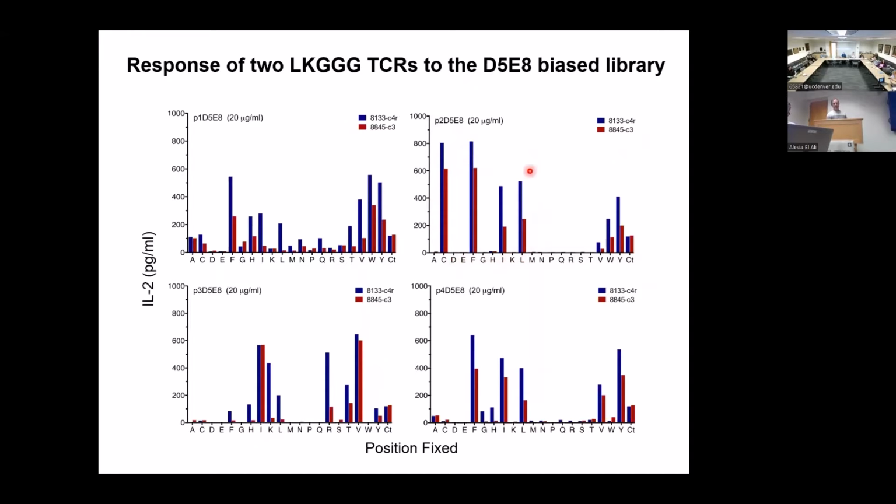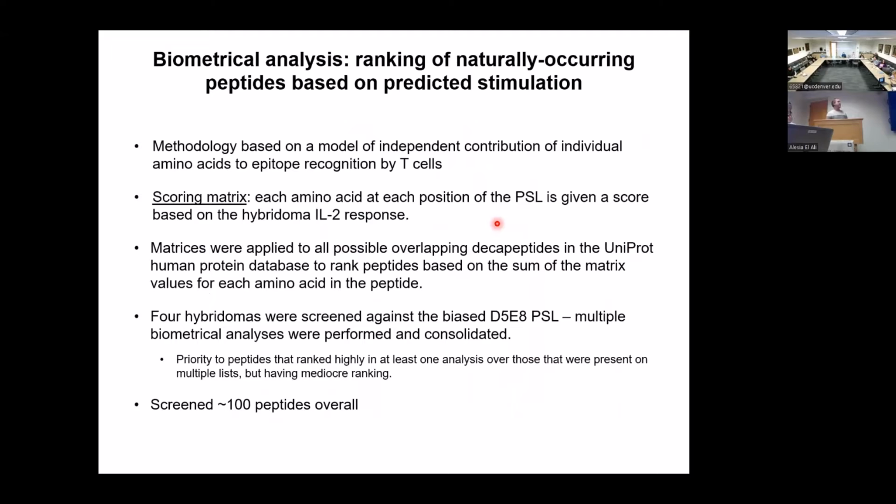You get this information for all of the different positions in this biased library, and then you do a biometrical analysis that takes all that empirical data and creates a scoring matrix. That matrix is then applied to all possible overlapping decapeptides in a UniProt database, in this case a UniProt human protein database.